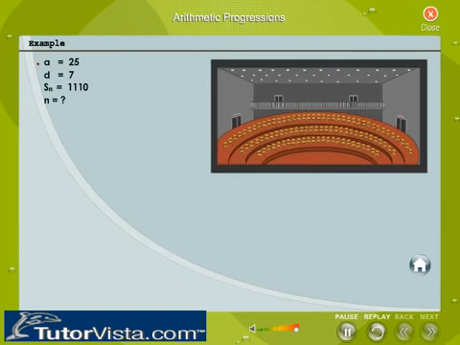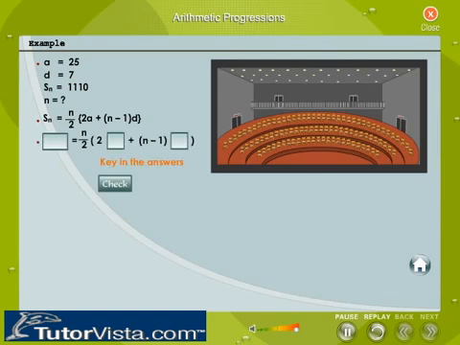In the example of the auditorium, the number of seats in the first row, that is a, is equal to 25, the common difference d is equal to 7. How many rows will the auditorium need so that the capacity is 1110 people? We use the formula for the sum of n terms and substitute the known values. Key in the values.